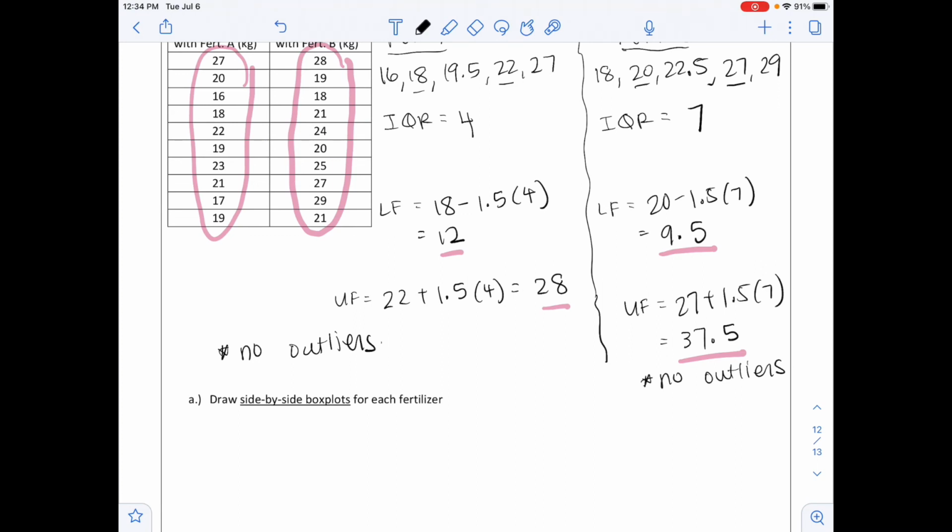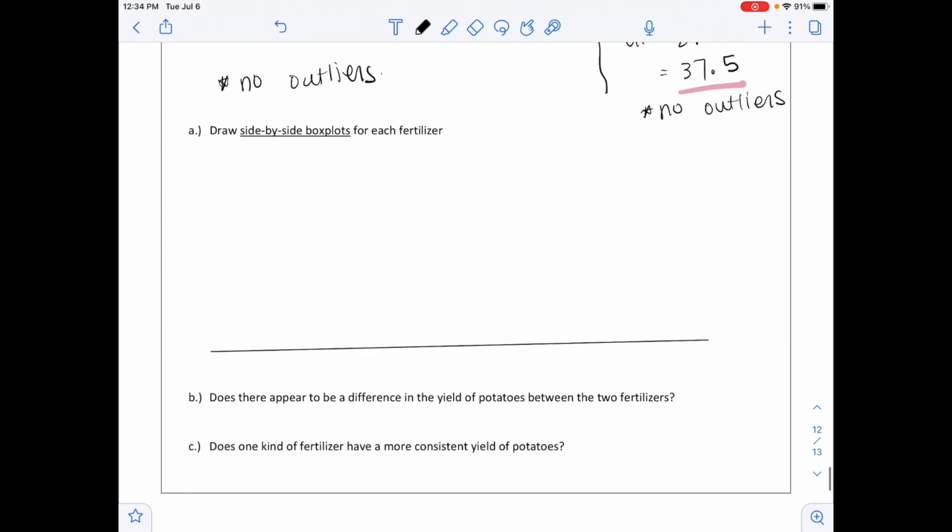So I'm going to count by fives, and I'm going to go from 5 out to 40 on my number line. And again, if you want to count by something different, you definitely can. And this is yields of potatoes.